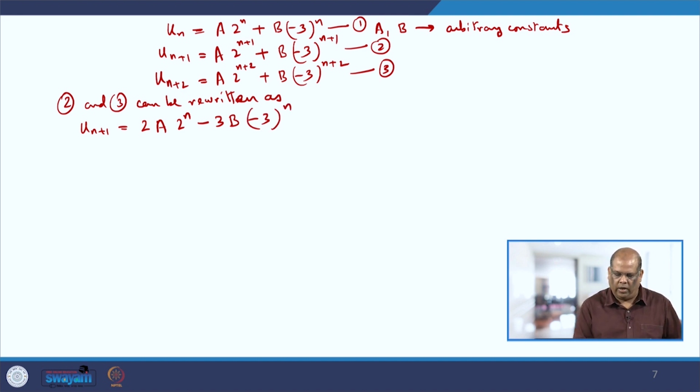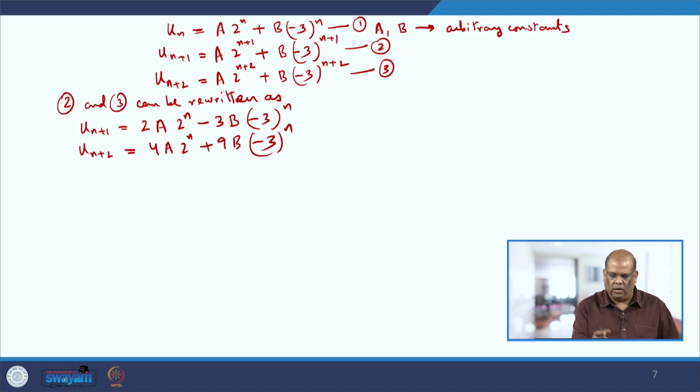Similarly, the third equation can be written as u n plus 2 equal to 2 squared, so 4a 2 to the power n, and minus 3 squared, which is 9, so plus 9b into minus 3 to the power n. Now, we solve these two equations for a and b.